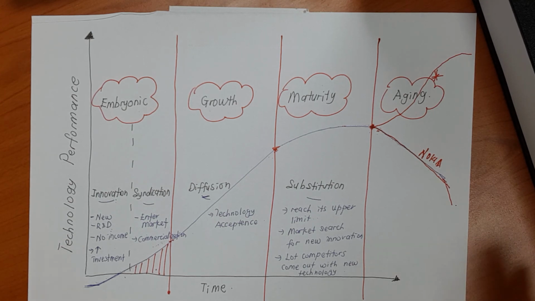That's all. Hopefully after watching this video, you can use this technology life cycle with different types of examples, and you can make a technology forecast and develop a technology strategy.